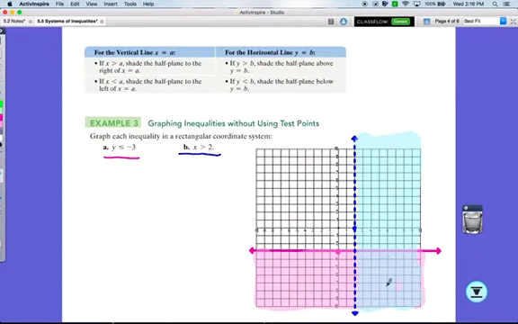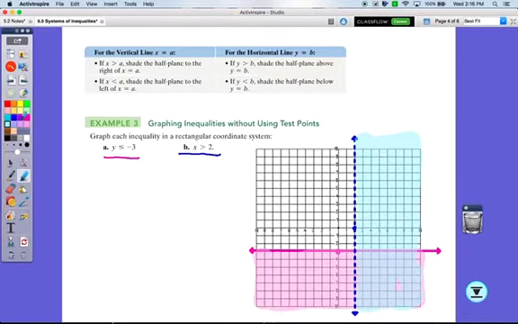Graphically, that's going to be where they're both shaded. So if this were a system of inequalities, we would just shade down here in the bottom. When we shade down at the bottom, those are all the answers that are both less than -3 in the y and greater than 2 in the x.